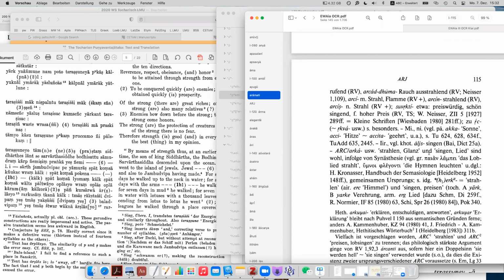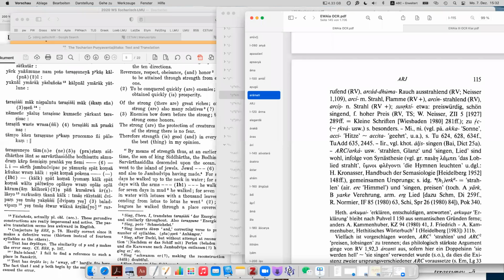Yeah, and here he also explains a semantic change. So the reason why shine and glance and singen and leader can come from the same root is because it's kind of a synesthesia. What does it mean?